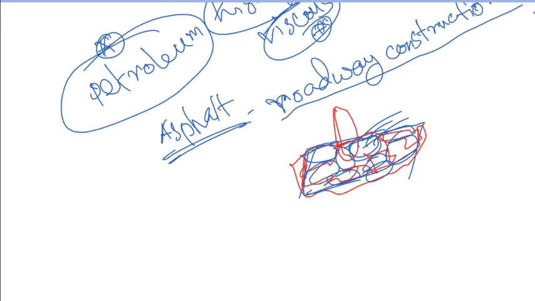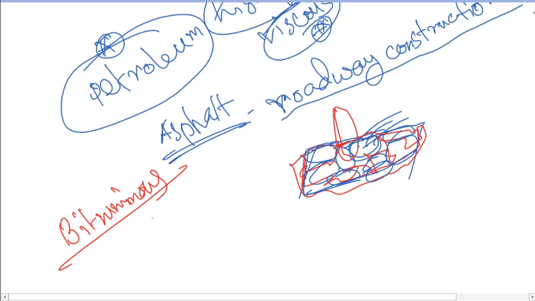Bituminous materials, as I have said, are classified this way from the USA. Giving a definition of bituminous materials, they say that these include tar and asphalts.